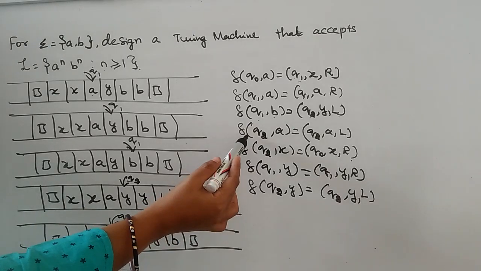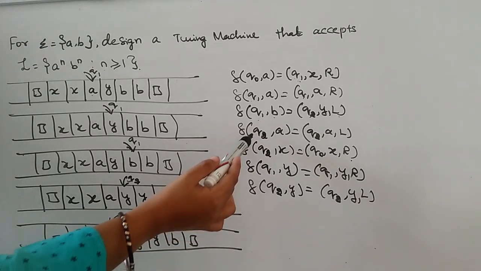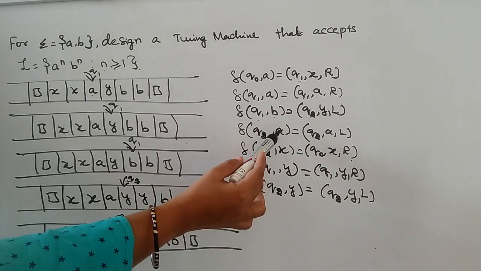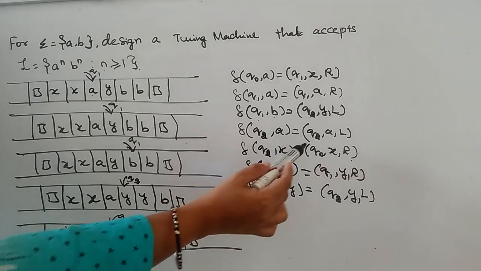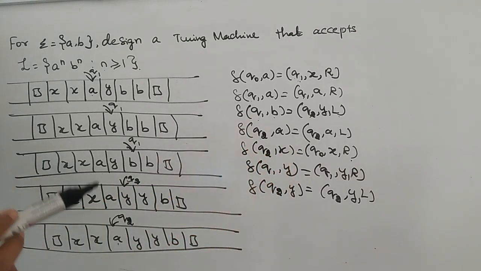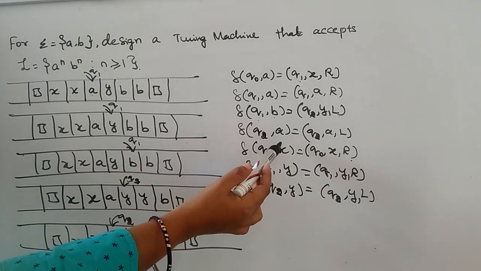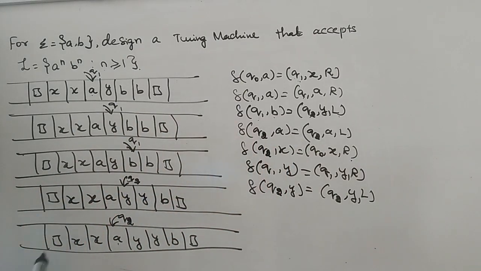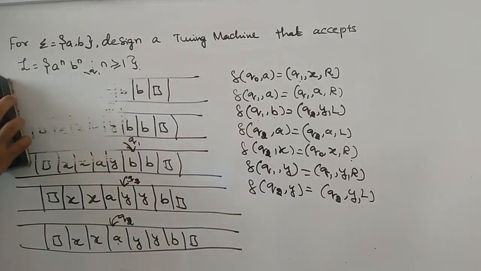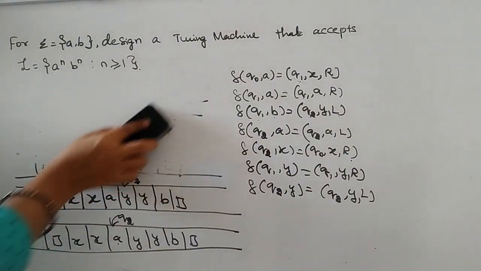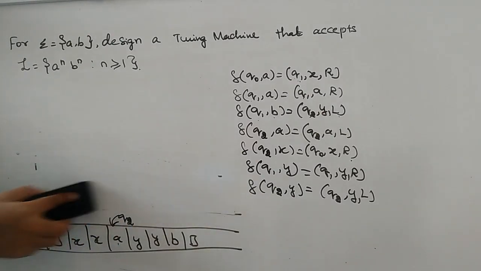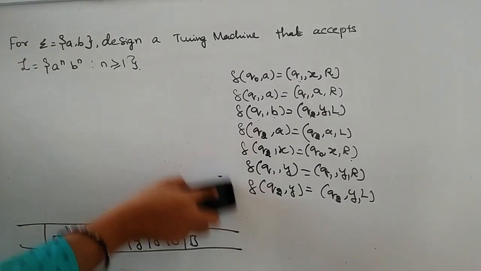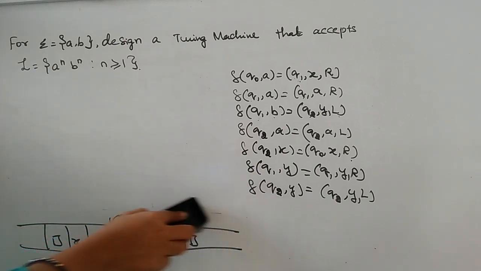And just consider here, as per this transition, if the machine is in the state q2 and the read write head is pointing to the symbol a, we are not going to replace anything, simply we are just going to move the read write head towards left, right?